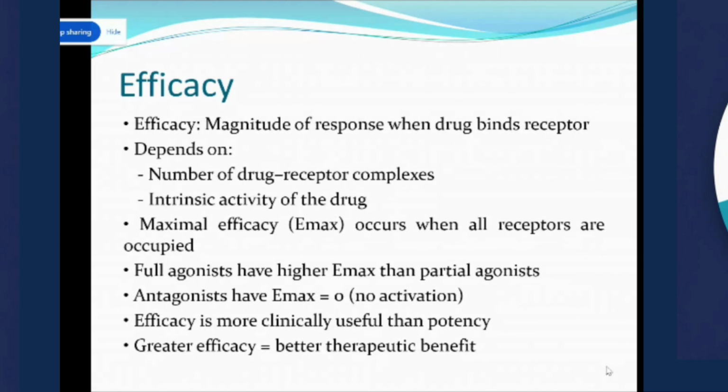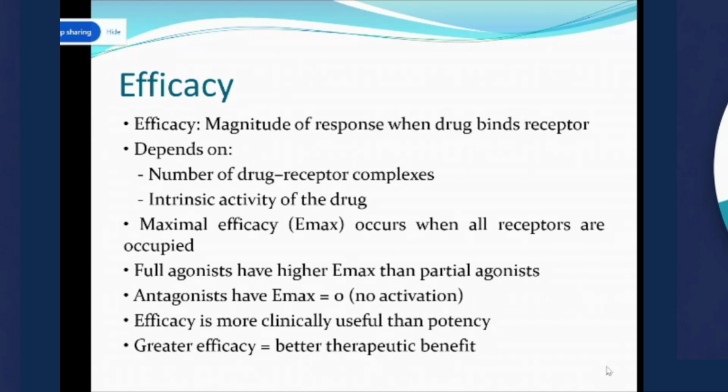Efficacy, the magnitude of response when the drug binds the receptor. This depends on the drug itself and the number of receptor drug complexes. And in that case, to go back to what we have already spoken about in terms of the full agonists, which will activate all the receptors.